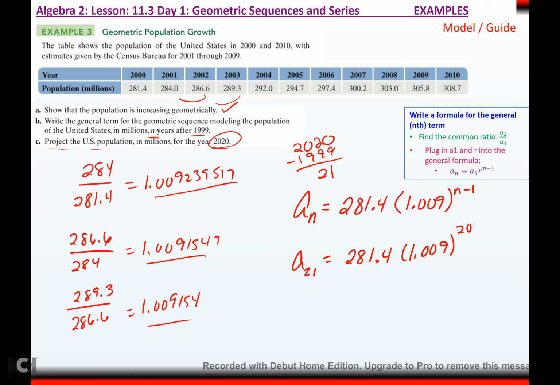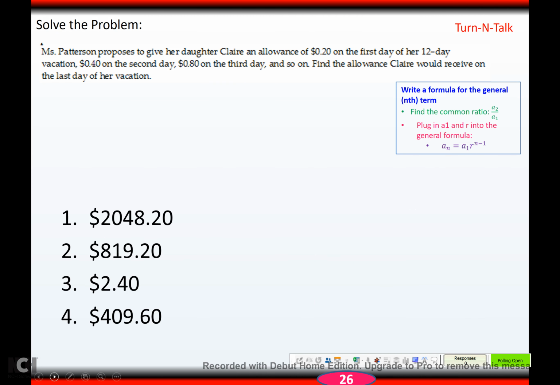If I type that in, 281.4 times 1.009 caret 20, I get 336.625815. So in the year 2020, the population was going to be close to 337 million people in the U.S. Alright, you do this one, hit pause, come back when you're ready.